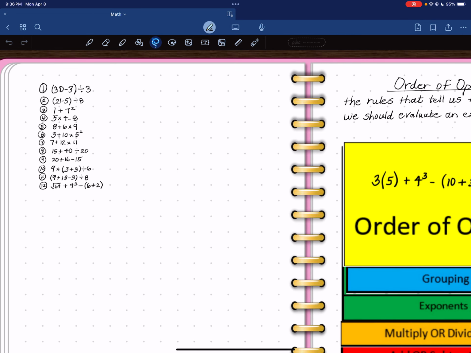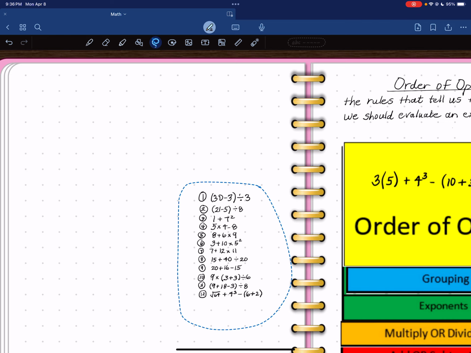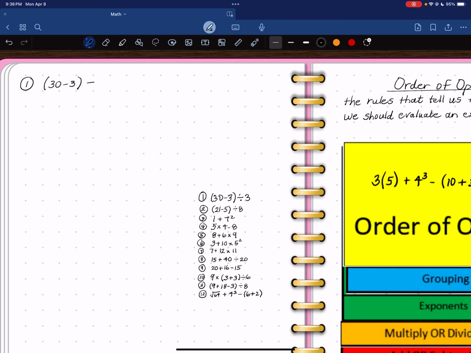I just sketched these out. I'm going to move this down for the moment as I copy these, and we will do them one at a time. So number 1 is 30 minus 3 in parentheses divided by 3. The first step in the order of operations is the blue one.